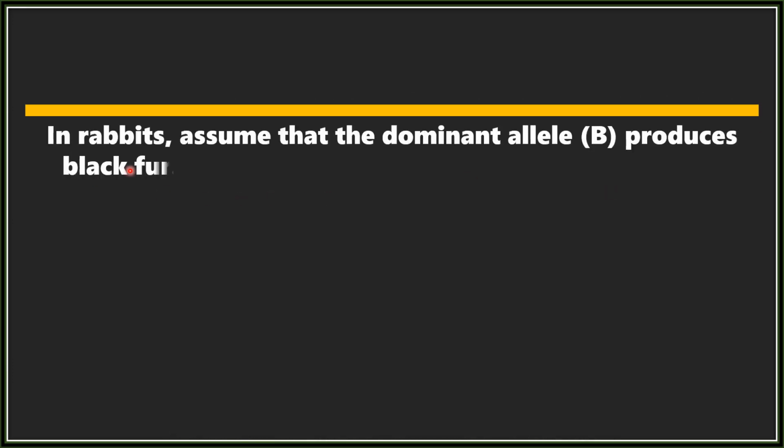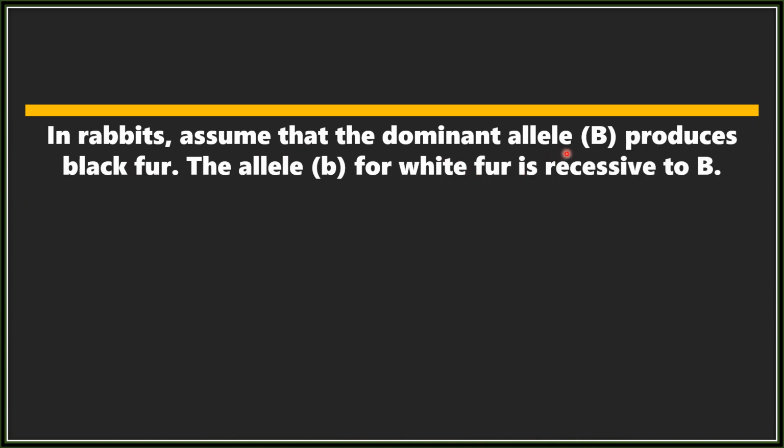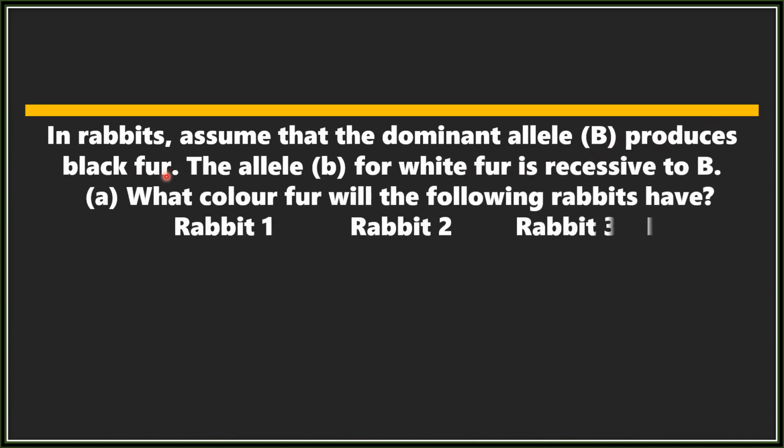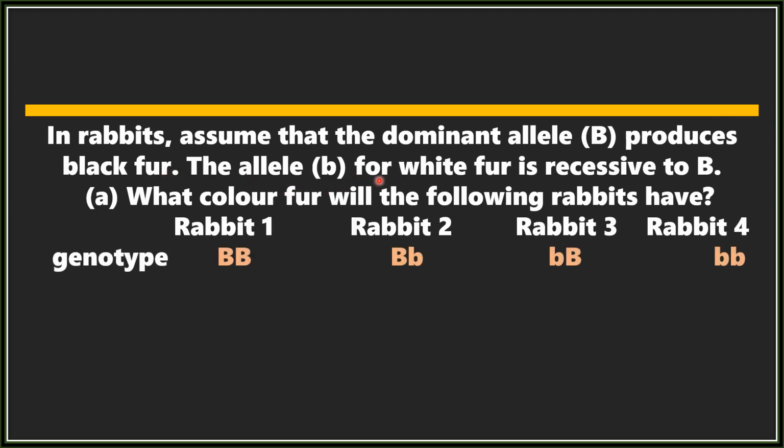In rabbits, assume that the dominant allele B produces black fur. The allele small b for white fur is recessive to capital B. A. What color fur will the following rabbits have?